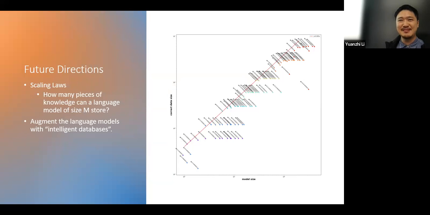And is 50 million pieces of knowledge enough for an elementary school student? I think that's enough, but we need to build some mathematical model to estimate that. With this scaling law, we can understand what model size is enough to simulate an elementary school student. Also, we want to augment the model with a database because it cannot really extract the correct theorem.